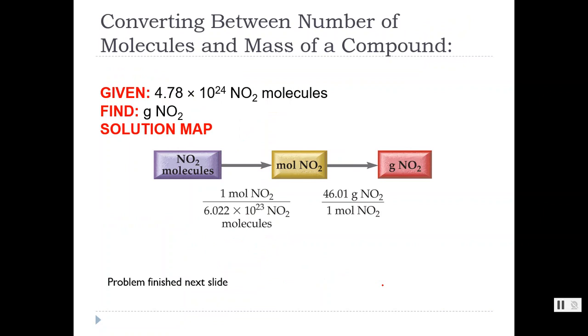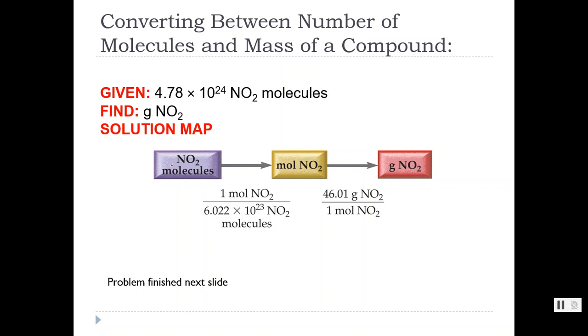Now let's go on and, still remembering that concept of molar mass and the concept of going from grams to moles and moles to molecules, let's say I have a particular molecule and I have a certain number of them, and I want to know how many grams of NO2, nitrogen dioxide, that is. Well, do this problem exactly as I've done the previous ones. Write down what I'm given, write down the unit I'm looking for, and then see what unit conversions I need to do to get to the desired unit.